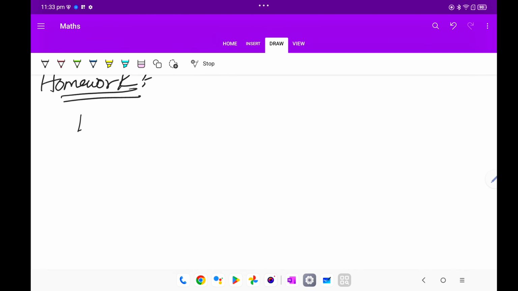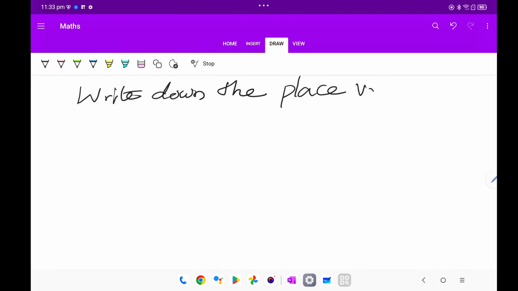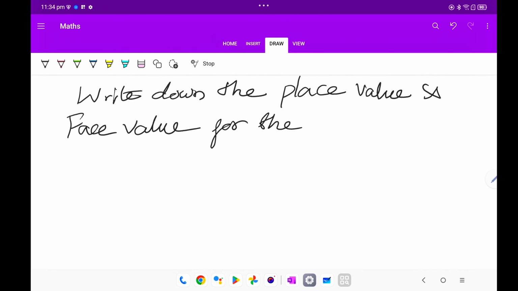So write down the place value and face value for the number 143.